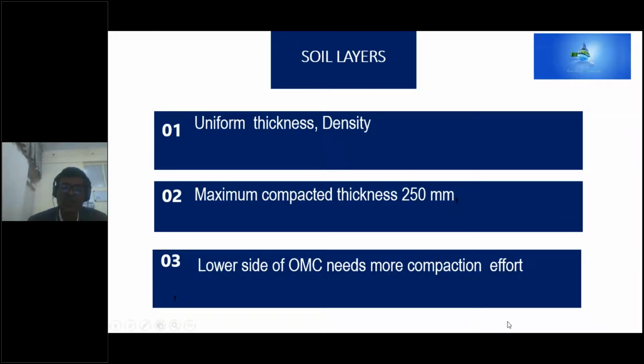And as we all know, from the OMC and density curve, the compaction should be carried out at the OMC. But many times it so happens that for the soil layers, the truck comes, sprinkles the water, and tomorrow morning we come and we compact. The OMC and the density are so sensitive to each other.